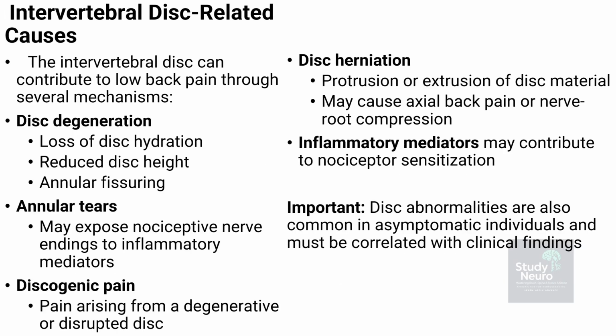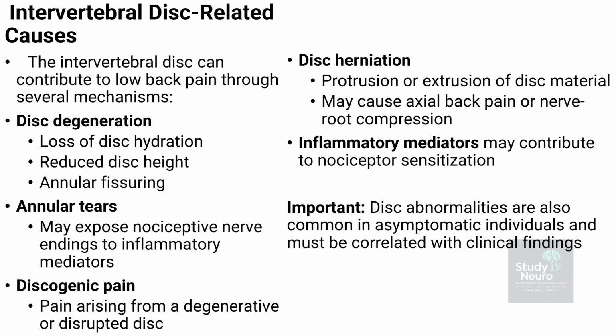The intervertebral disc is one possible source of low back pain. As the disc degenerates, it can lose hydration and height, while small tears may develop in the outer annulus. These changes can expose pain-sensitive nerve endings to inflammatory substances, contributing to what is called discogenic pain.